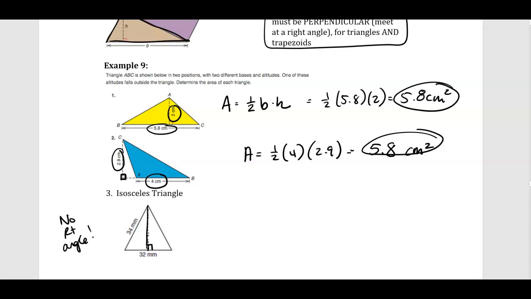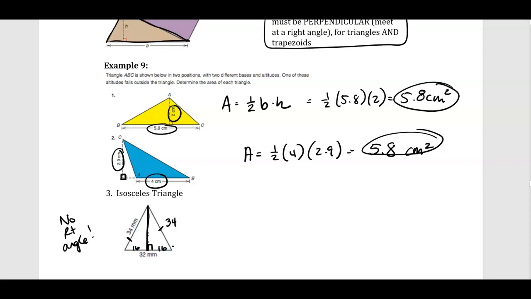And the nice thing about an isosceles triangle is we know that this side is equal to this side, so this is also 34. And if we drop, this is called an angle bisector, down the middle, then this side right here is the same distance as this. So if all together it's 32, then we know that this is 16 and this is 16.